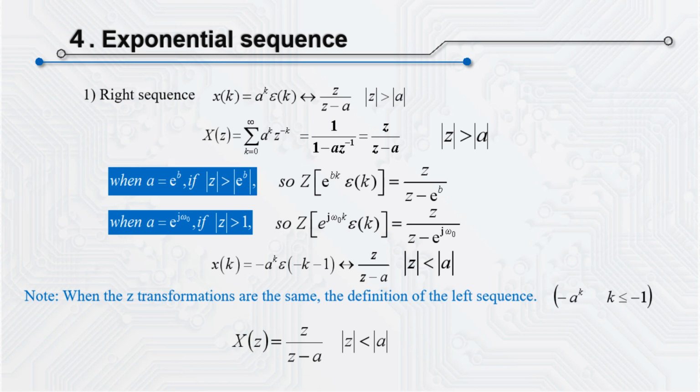In other words, for the same z transform, when the convergence domain is different, the original sequence corresponding to it is a different sequence. Therefore, it is necessary to indicate the convergence domain when seeking the Z transformation.